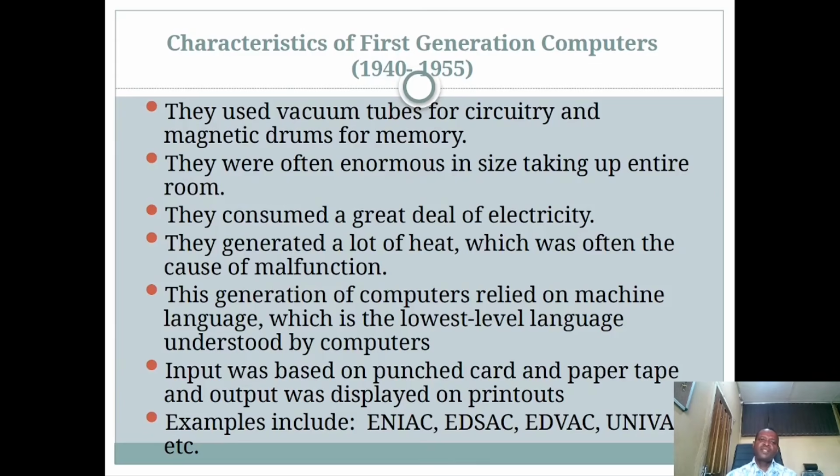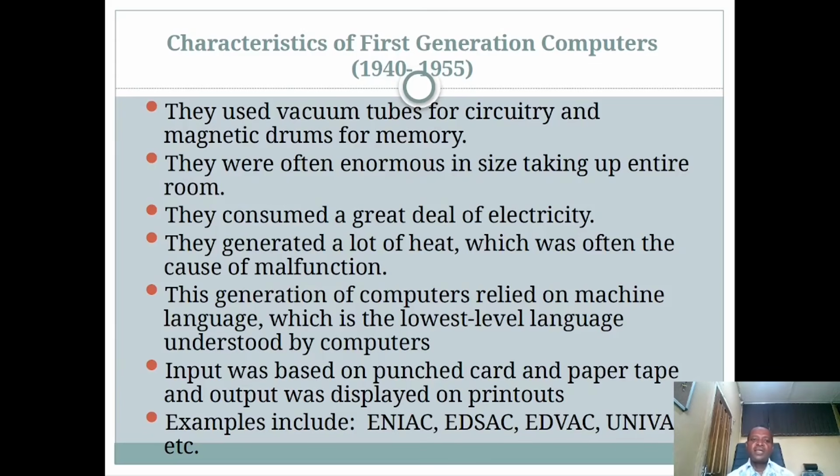Number 4, they generated a lot of heat, which was often the cause of malfunction. Because of the heat it used to generate, this heat used to disturb some components of the computer system, causing it to malfunction.